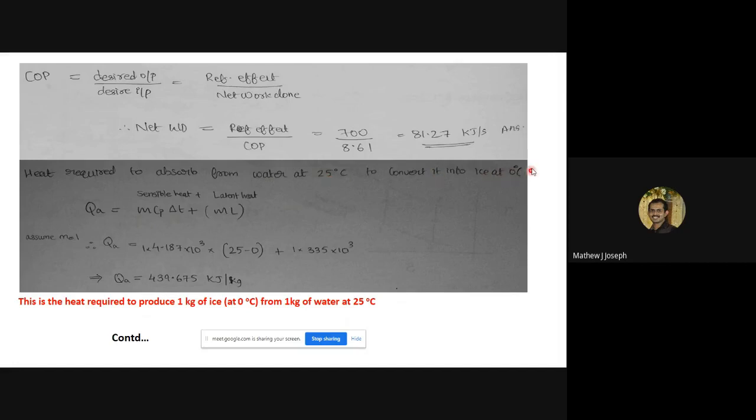We need to convert it into solid ice at 0 degrees Celsius. Now only the phase transformation is happening. Whenever a phase transformation is happening, the heat transfer involved is represented as latent heat, mathematically m L, the mass of the substance involved times the latent heat.